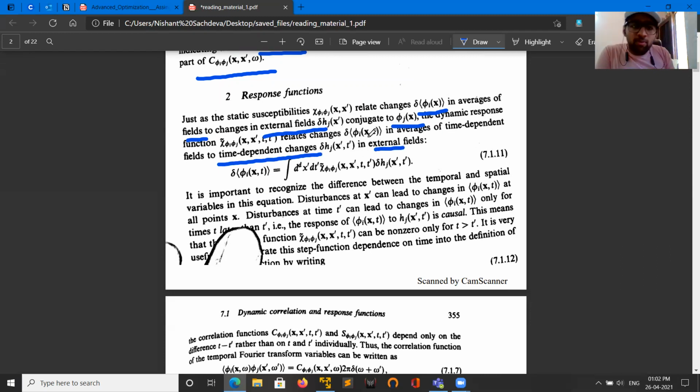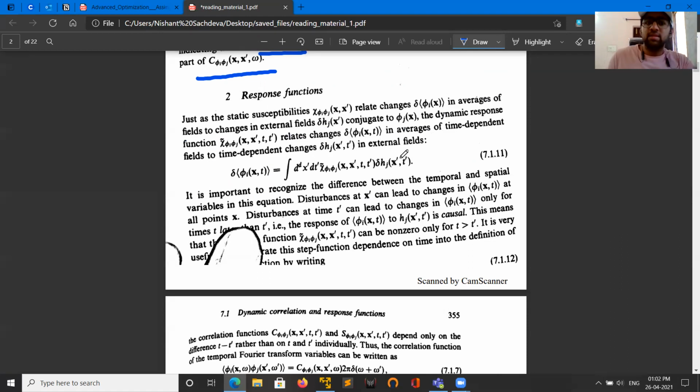We shall read this again for more clarity, because this is a bit complex and we'll acquire this so that we can understand how the functions work ahead. Just as the static susceptibilities relate changes in averages of fields to external fields conjugate to phi j of x, similarly the dynamic response function relates changes in averages of time-dependent fields to time-dependent changes in the external fields.